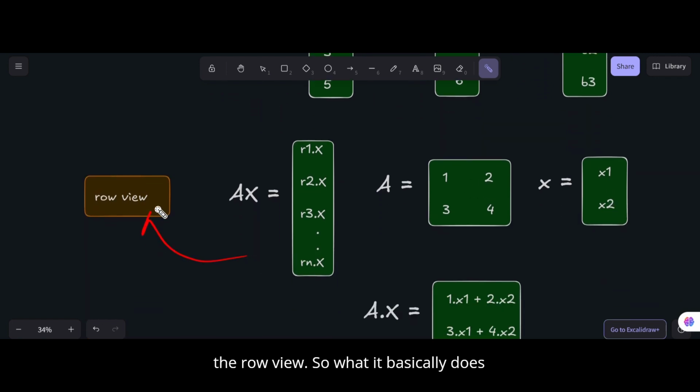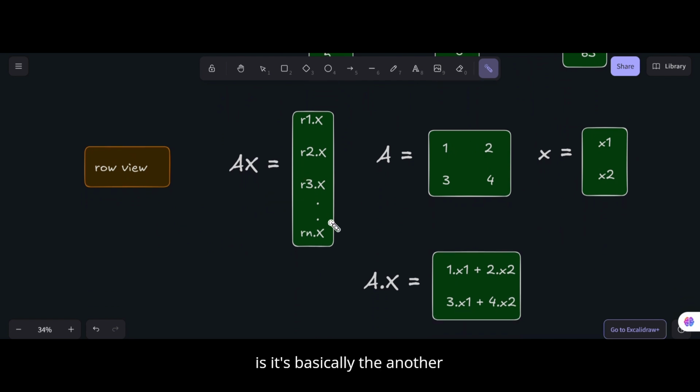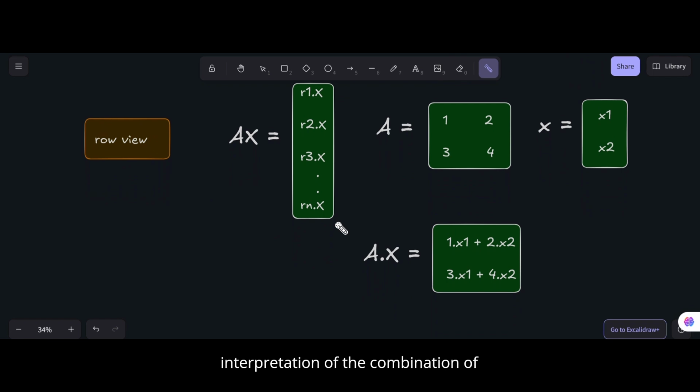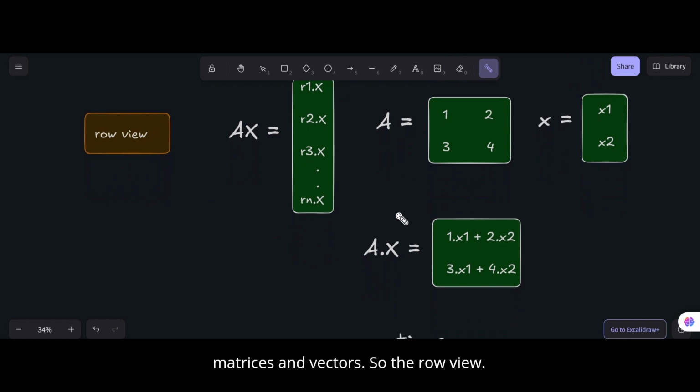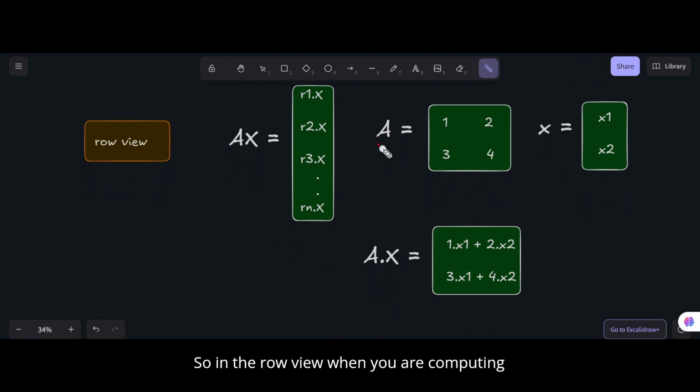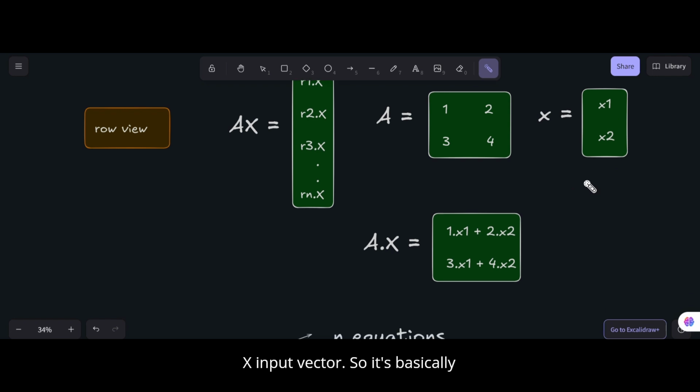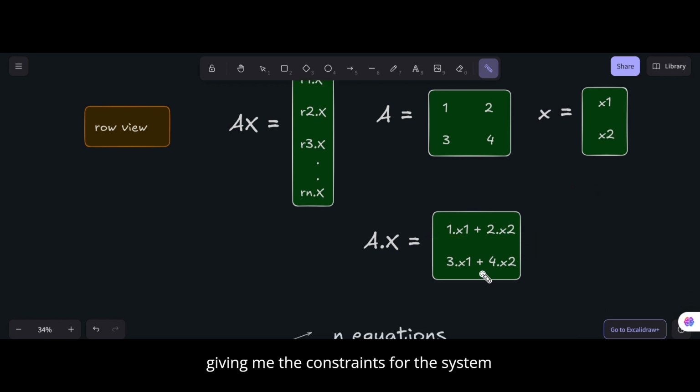Now let's head towards the row view. It is another interpretation of the combination of matrices and vectors. In the row view, when you are computing AX, as the name suggests, we take each row of A and do the dot product of each row with the components of the input vector X. So it's giving me the constraints for the system of linear equations.